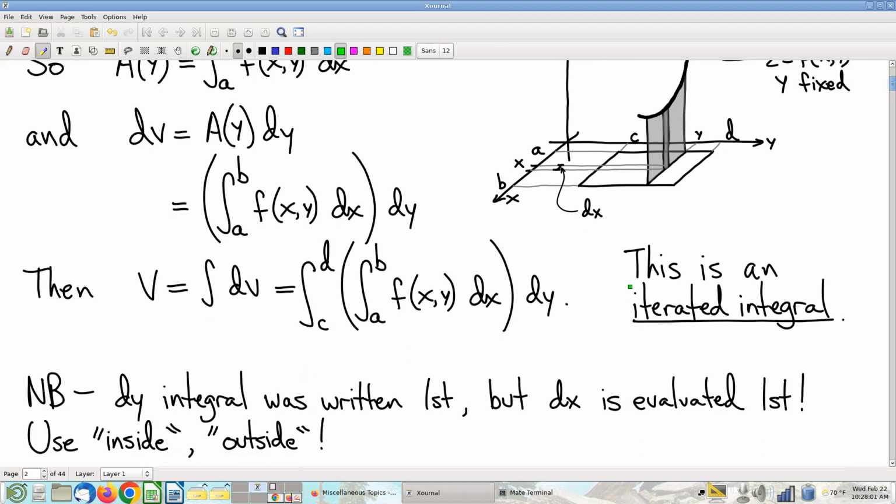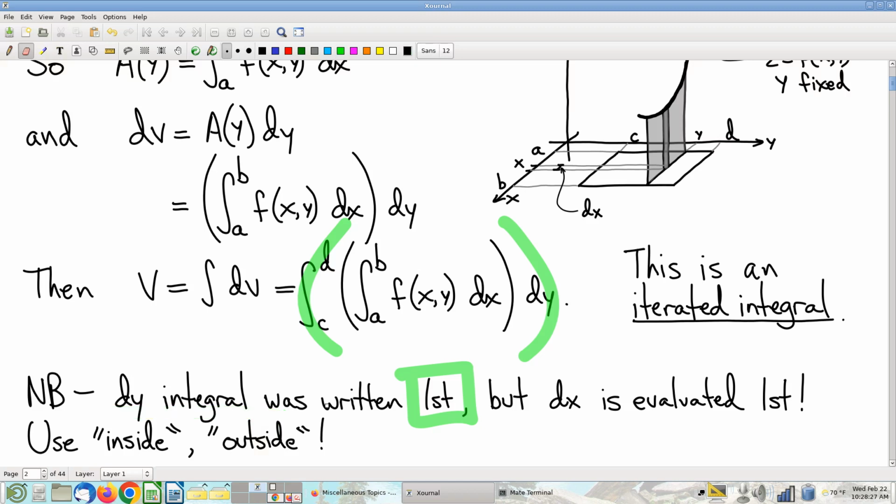First of all, you'll notice as I developed this integral, the dy integral was written first. I established that volume was an integral dy, and then subsequently I started thinking about what its integrand is, the cross-sectional area, and only second did I, as a result of that, develop the dx integral. So the outside integral was developed first.